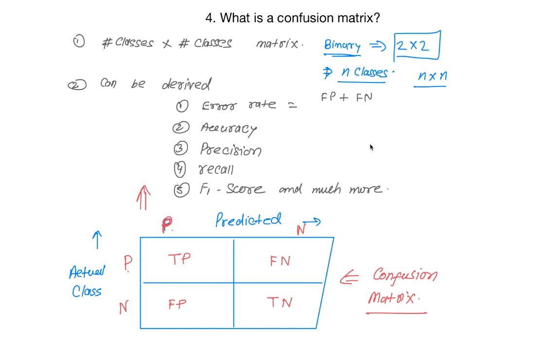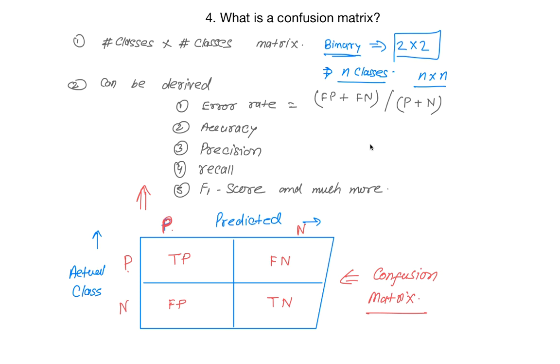False positive is this one, false negative is this one. So we have false positive plus false negative divided by all the positive classes and all the negative classes, that means the total number of samples.